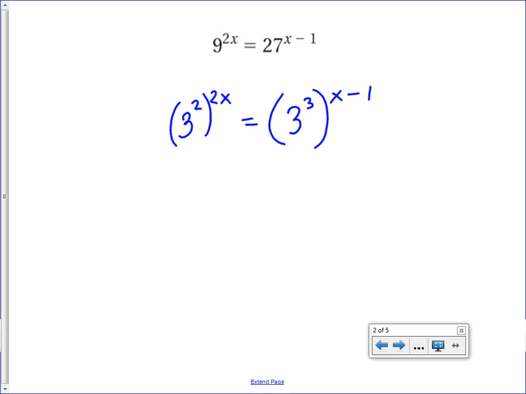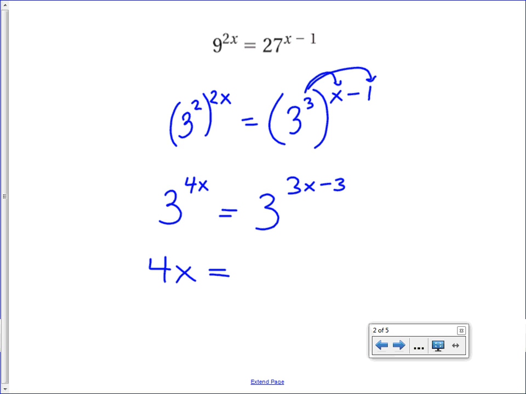Let's simplify the left side of the equation to be 3 to the 4x power, and simplify the right side of the equation by distributing this 3. It's going to be 3 to the 3x minus 3 power. Now I have the same base on both sides, and I can use that property of equality to simply say that 4x must equal 3x minus 3.